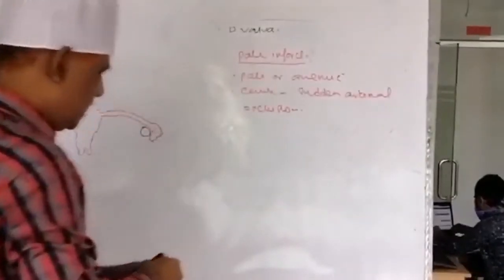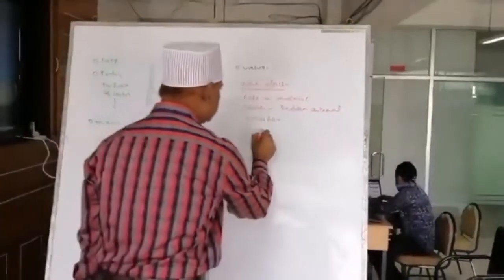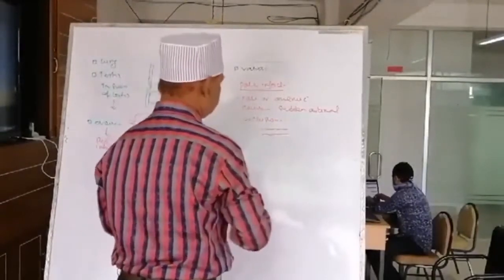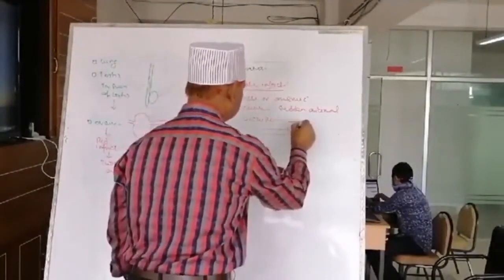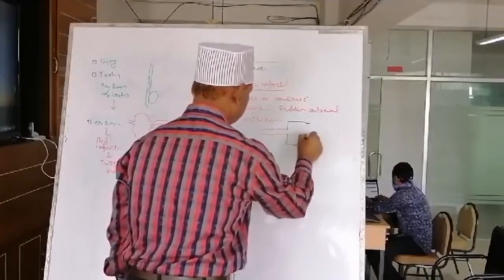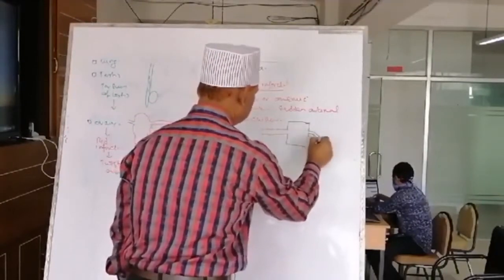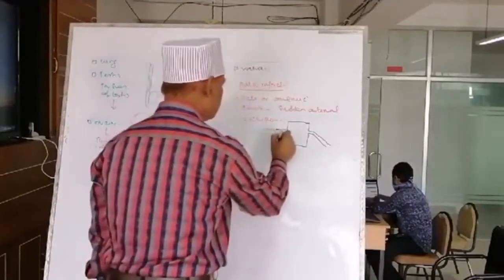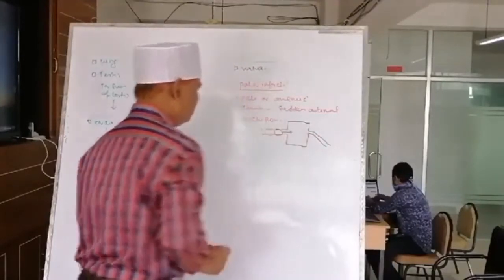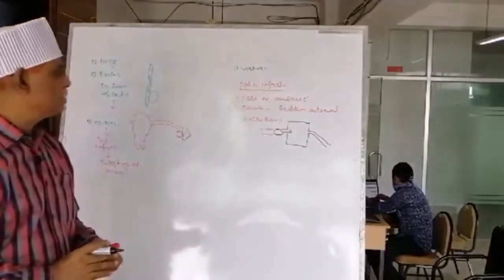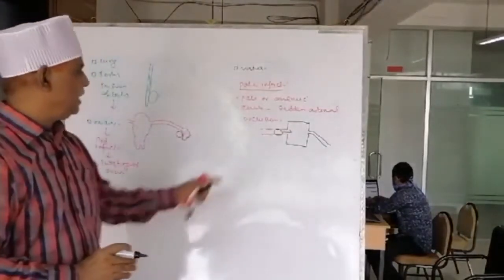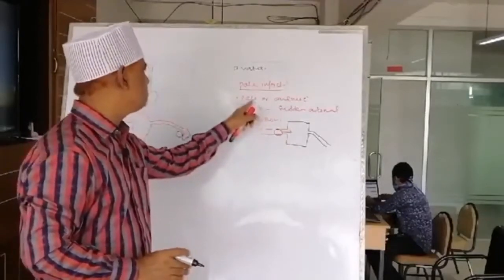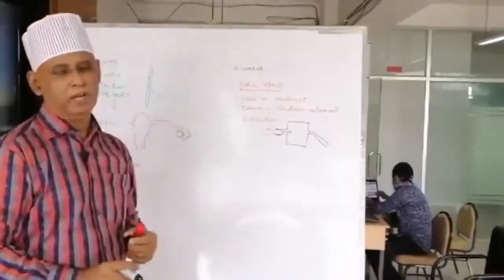If this is the artery, this is the tissue, and this is the venule, with sudden arterial occlusion no arterial blood enters the tissue and the tissue undergoes ischemic necrosis, and as there is no entry of blood, the necrosed part becomes pale, so it is called pale or anemic infarct.